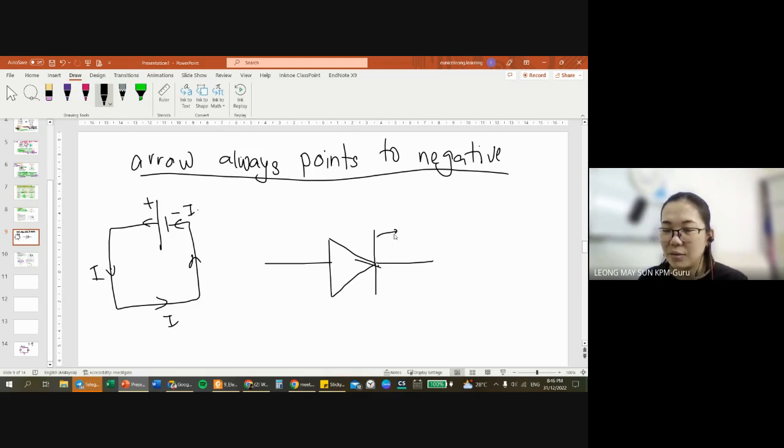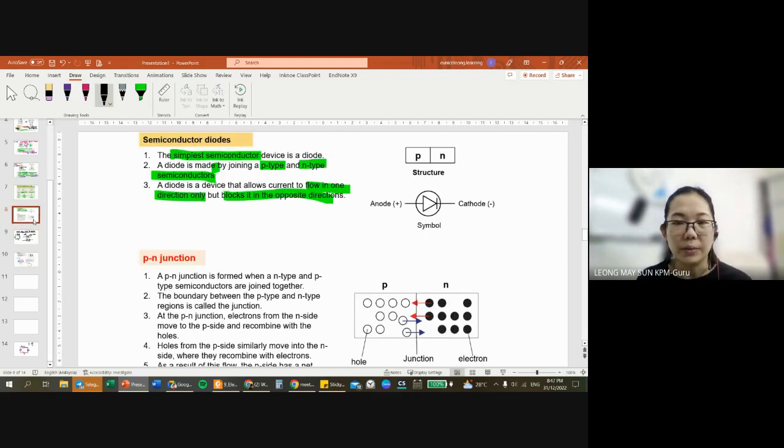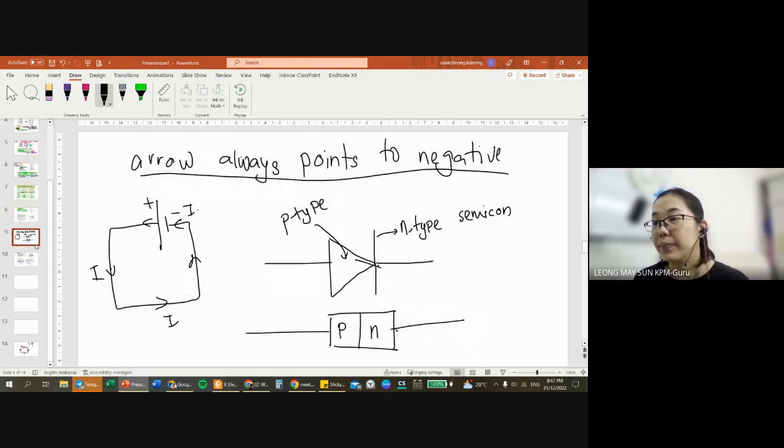This vertical straight line is the N-type semiconductor, while the arrow is the P-type, or positive type, semiconductor. In other words, the connection here is P, and this is N. I hope this helps you clarify how to identify p-type and n-type semiconductors. Are you guys clear with this?